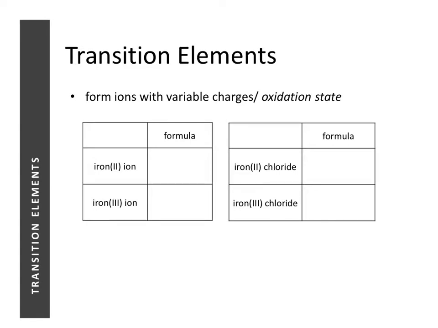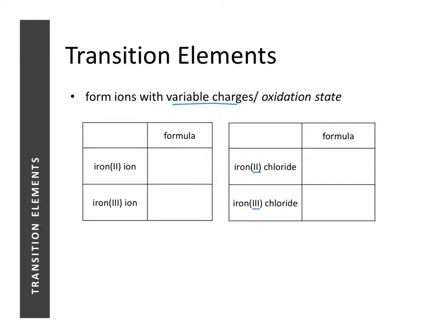The next important feature of transition elements is that they can form ions with variable charges. So what do I mean by that? For example, iron can actually form 2 types of compounds: iron 2 chloride and iron 3 chloride.